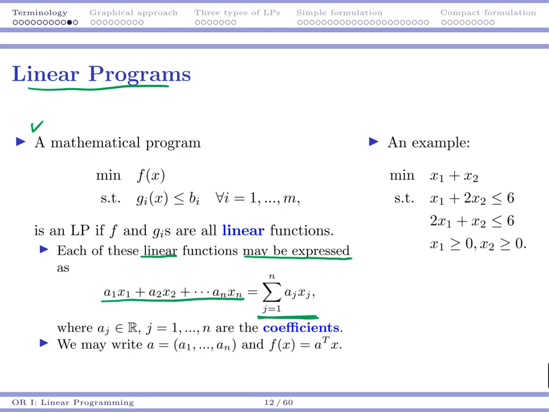It may be expressed according to your sigma notation. I hope everybody is familiar with this one. This simply means a1 x1 plus a2 x2 and so on to an xn. So when we have this, we say all these aj are real values. All these aj are coefficients of this particular linear function. And we may write a as a collection of a1 to an.